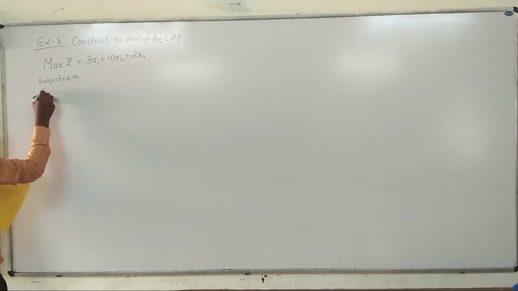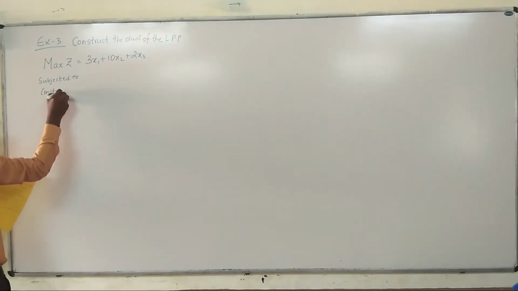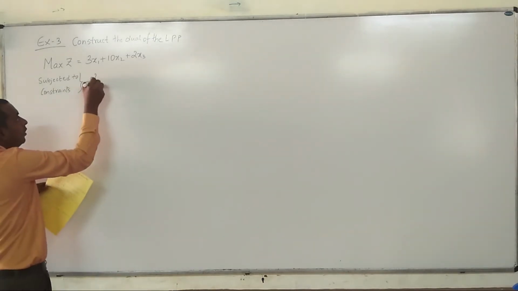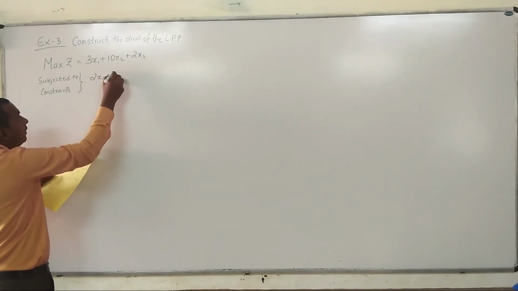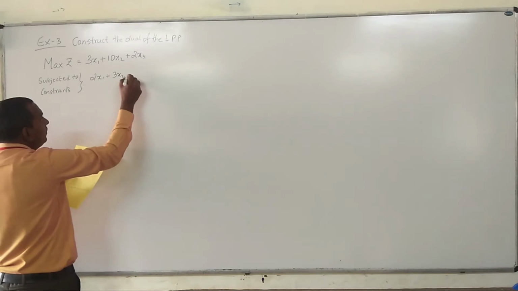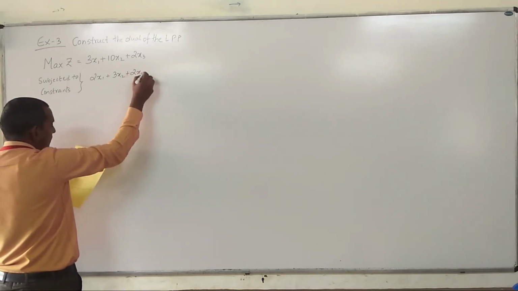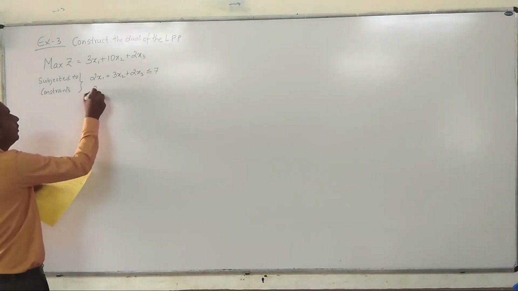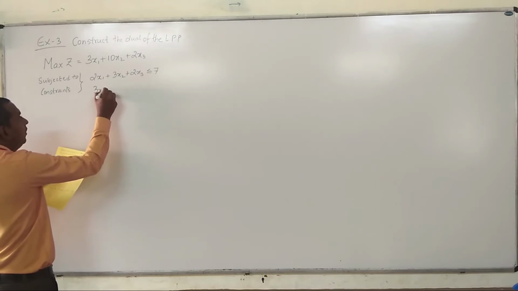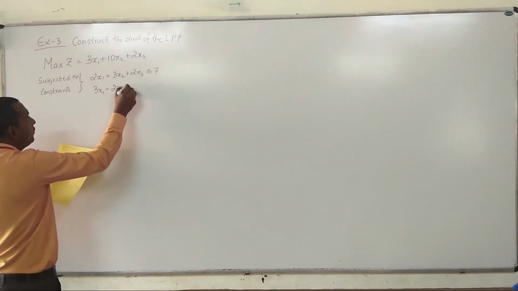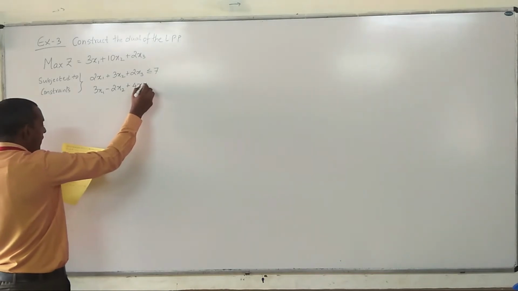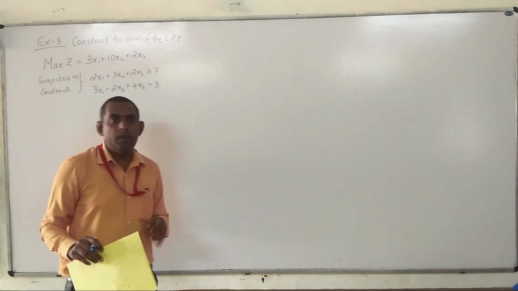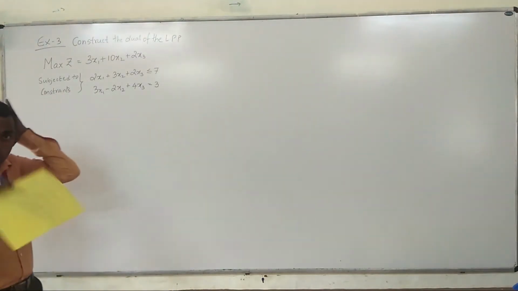subject to constraints 2x1 plus 3x2 plus 2x3 is less than or equal to 7, whereas 3x1 minus 2x2 plus 4x3 is equal to 3.